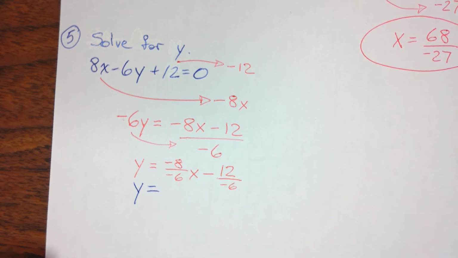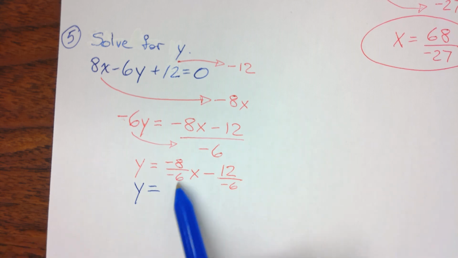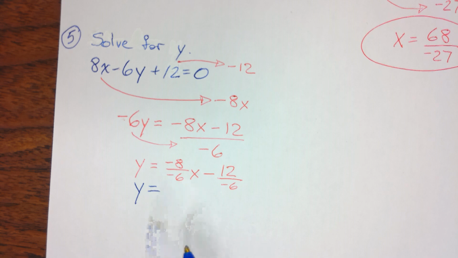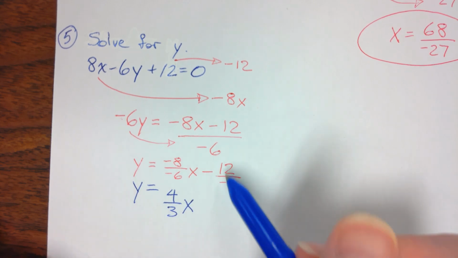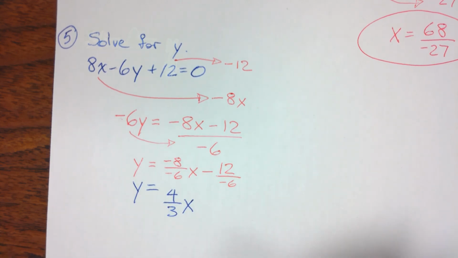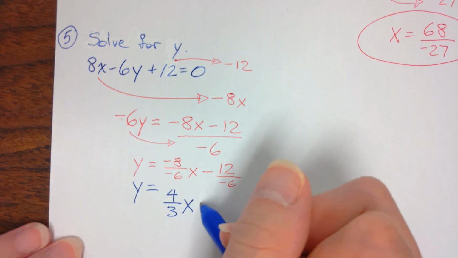Okay, why did I separate it? Because I can see I can reduce it. What's negative 8 divided by negative 6? I can reduce it down to, first one, what can I reduce this to? Right, 4 over 3. And what's negative 12 divided by negative 6? 2.